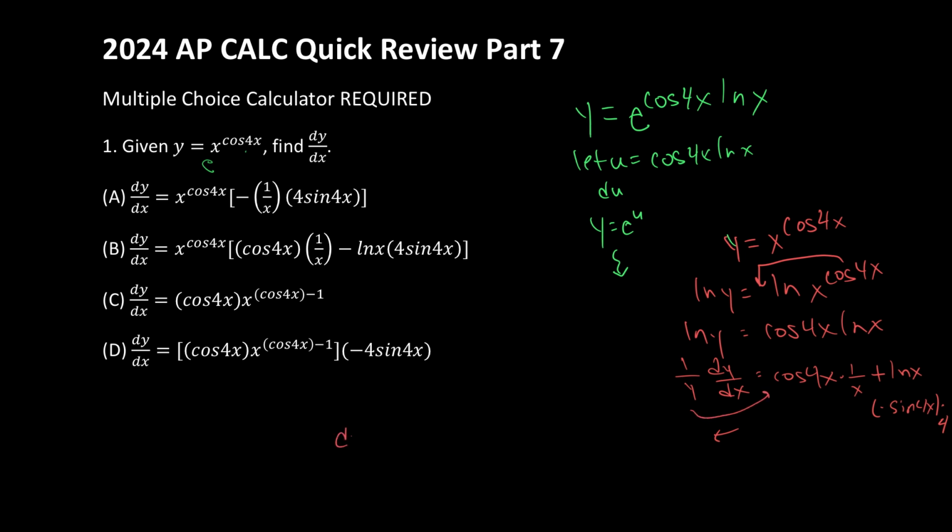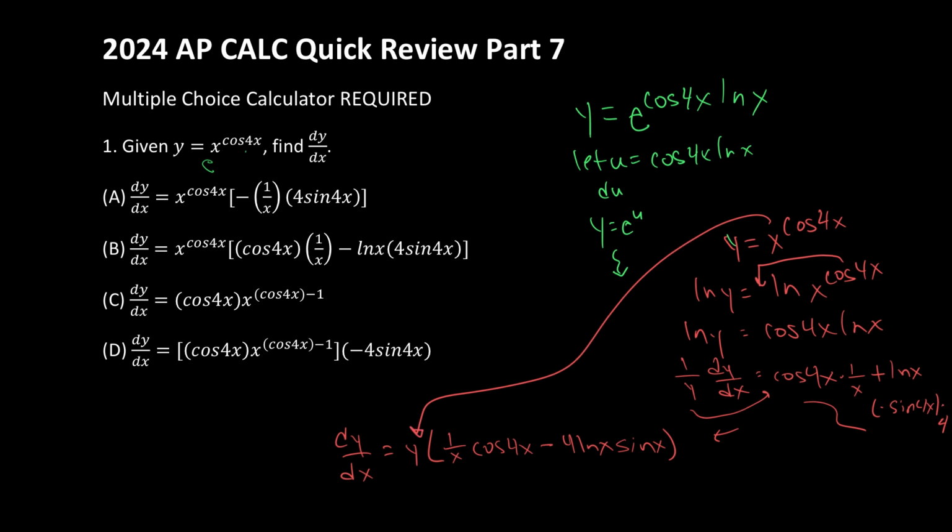So I would end up with dy/dx equals y times this, and let's rewrite this a bit to be 1 over x times the cosine 4x, minus, and I'm just cleaning this up, 4 ln x sine 4x. And then substitute the y back in right there.